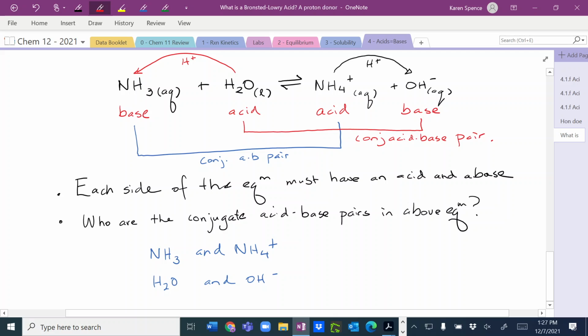They are on opposite sides of the reaction arrow. NH3 and NH4 are on opposite sides of the reaction arrow. So the two members of a conjugate acid-base pair will always be on opposite sides of the reaction arrow.